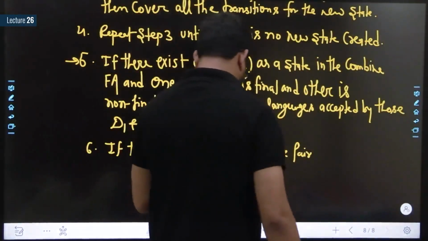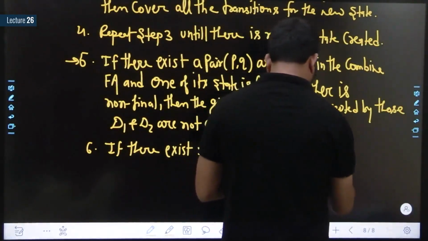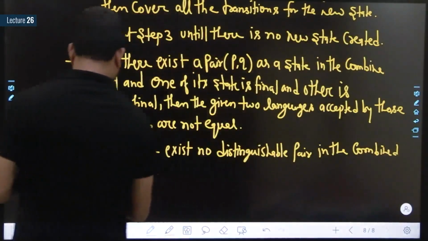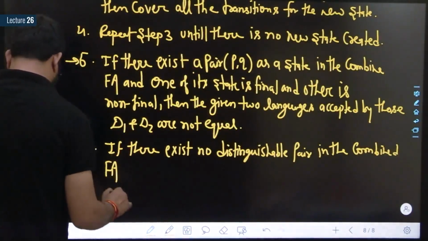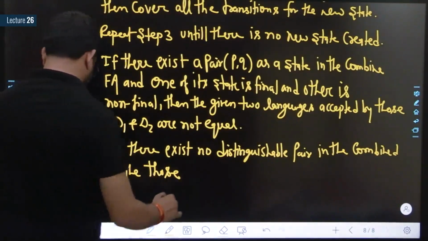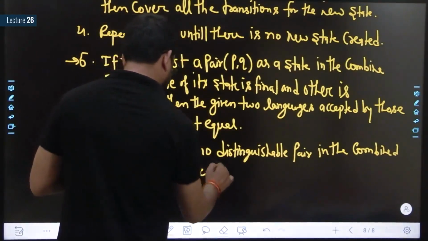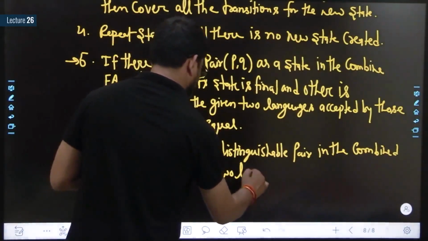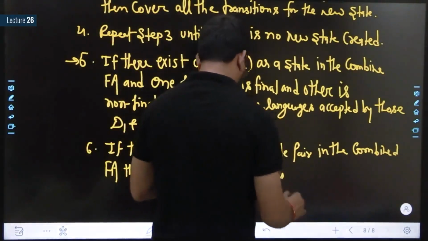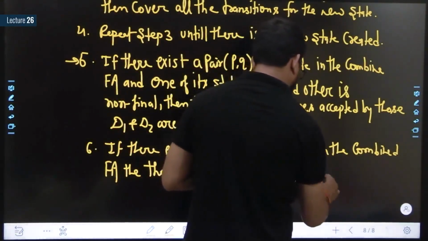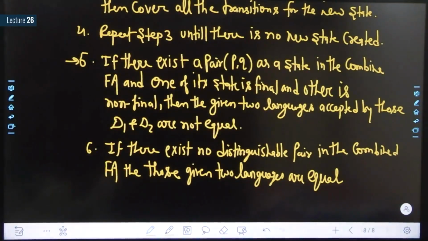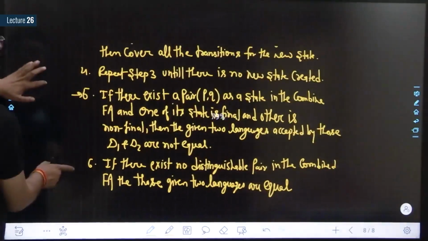If there exists no distinguishable pair in the combined finite automata, then those given two languages are equal. Clear? We'll see an example. Please note this complete algorithm.